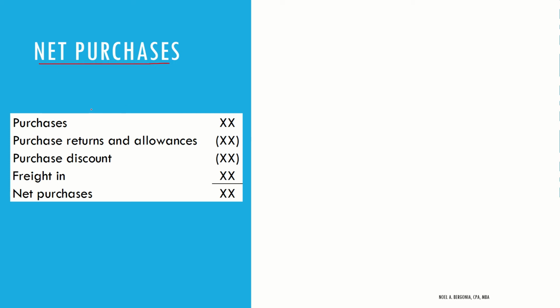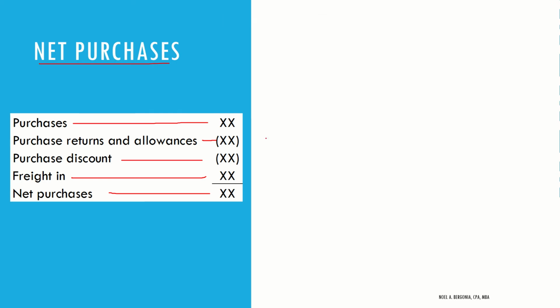In terms of computation, net purchases is computed by having the purchases, less any purchase returns and allowances, less any purchase discounts, add nyo po yung freight in or transportation cost to arrive at our net purchases. So we will be discussing one by one the components of this net purchases.